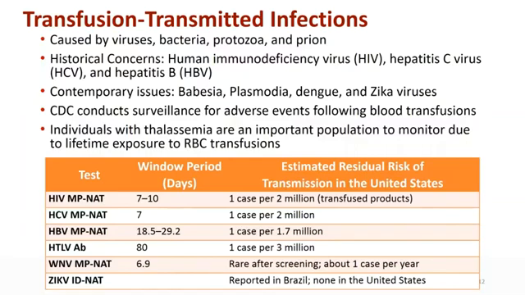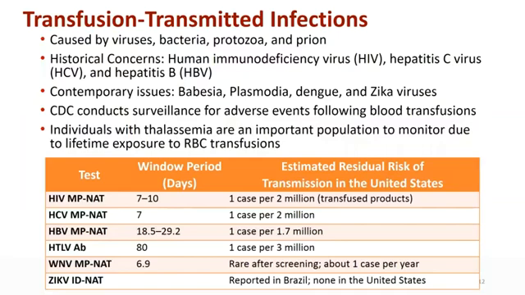Recently, babesiosis, plasmodium, Dengue, and Zika viruses are on the upswing. The CDC is engaged in an ongoing surveillance program that tests all blood products to determine viral exposure and risk at this point.